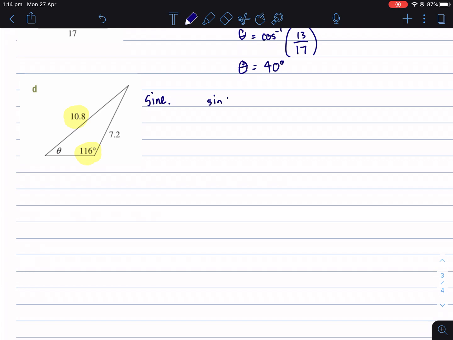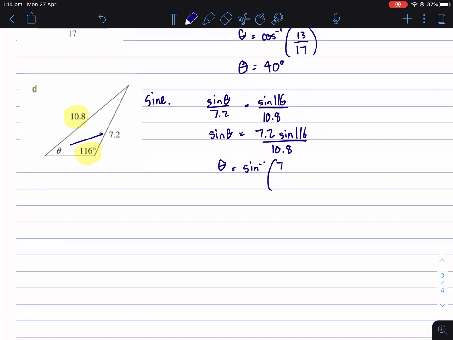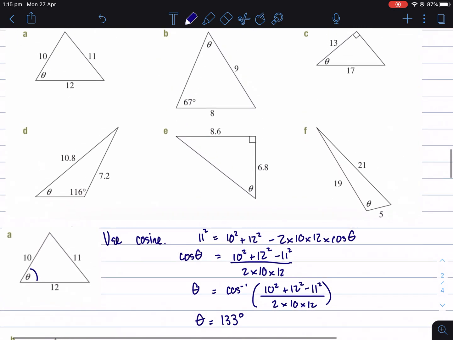So we know sine theta over 7.2, because that's opposite it, equals sine 116 over 10.8, which means sine theta equals 7.2 sine 116 over 10.8, so theta equals arc sine 7.2 sine 116 over 10.8, which gives us 37 degrees, nearest degree.